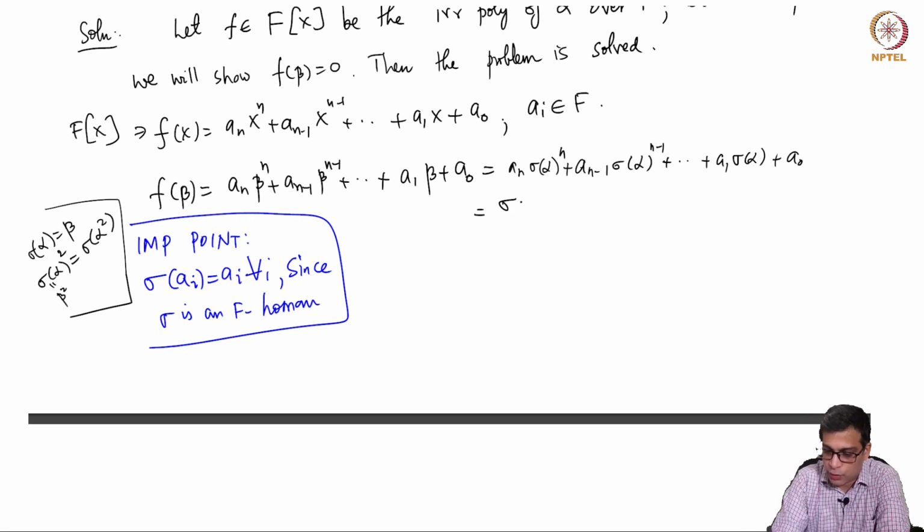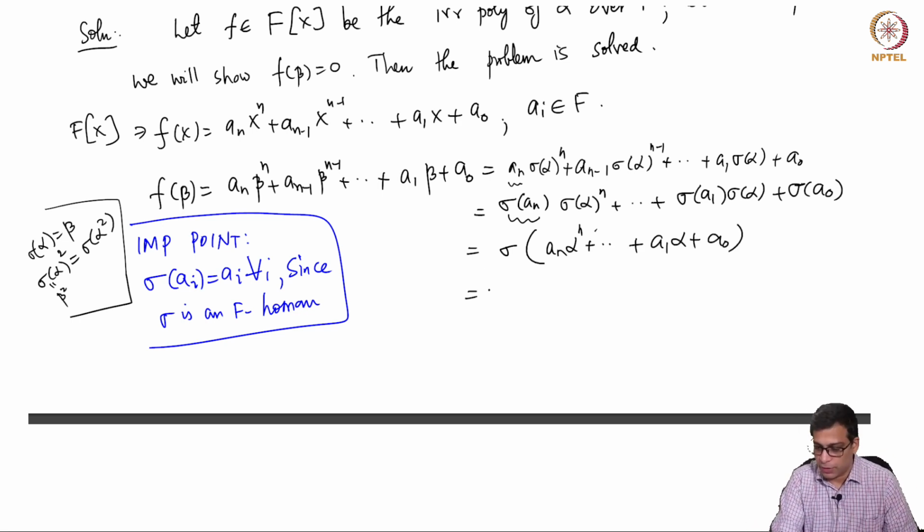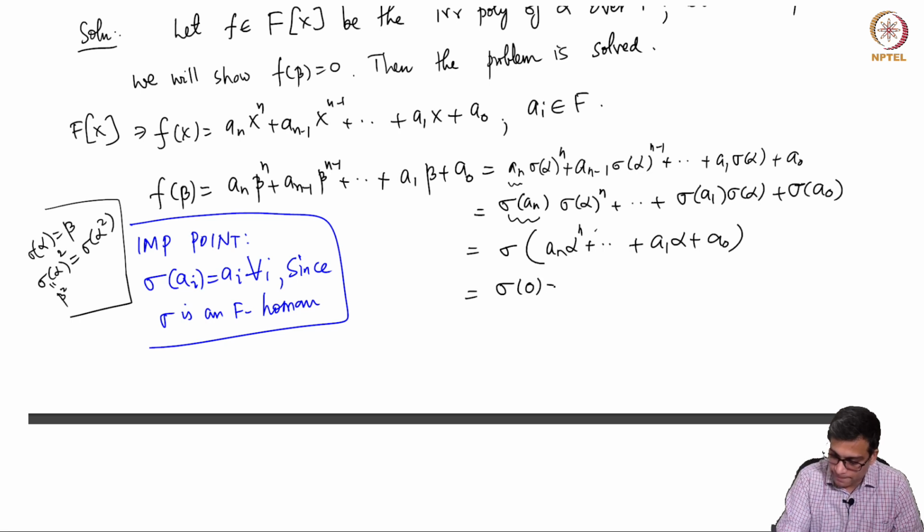So that allows me to write this as sigma of a_n. I am not changing anything here because sigma of a_n is the same as a_n, so that I am allowed to do. So now using the fact that sigma is a homomorphism, I can pull sigma out all the way. So that means sigma of (a_n alpha^n plus ... plus a_1 alpha plus a_0), but that is 0, right?